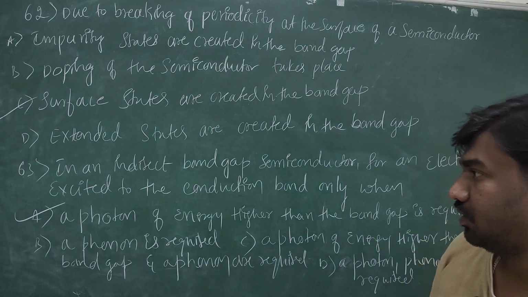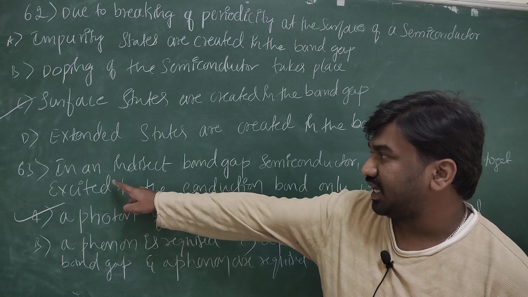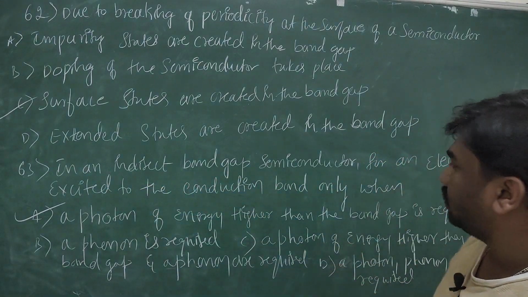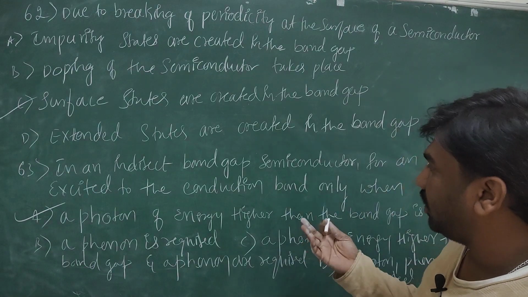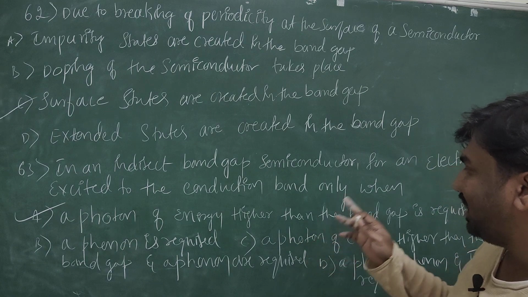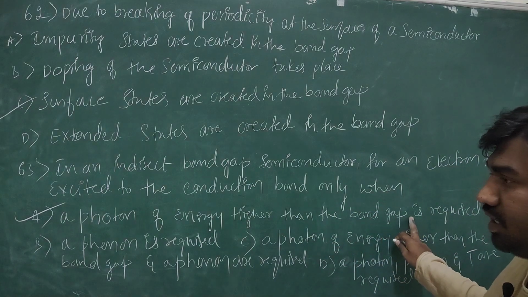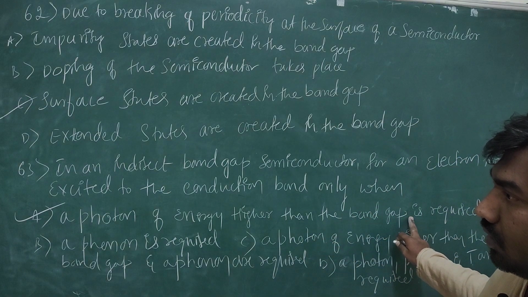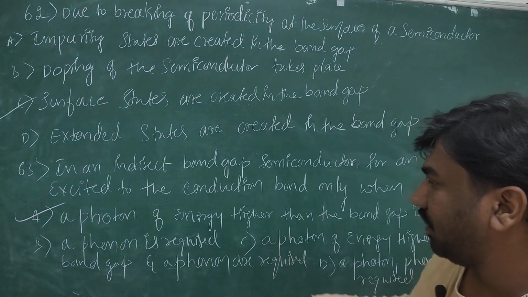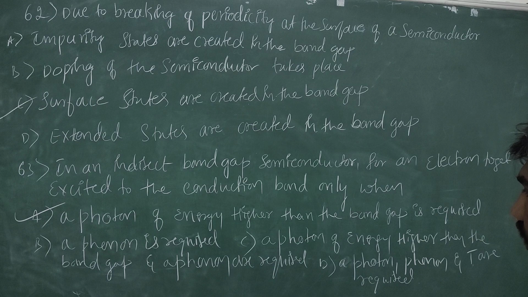Okay. Next, question number 63. In an indirect band gap semiconductor, for an electron to get excited to a conduction band, is it only a photon of energy higher than the band gap energy that is required, or a phonon is required, or a photon of energy higher than the band gap and a phonon are required.